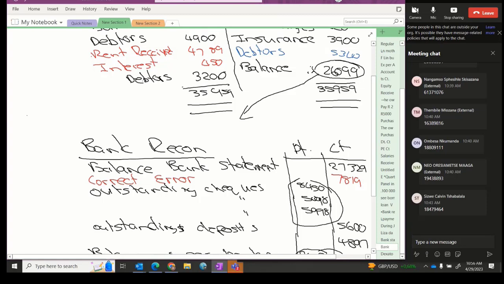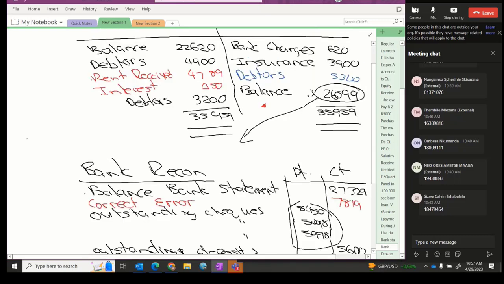Remember, if you make payments, it's going to be on your credit side of your bank account. So those outstanding checks mean that it's coming from your books. You put it already on the credit side, it's the amount that you were paying.